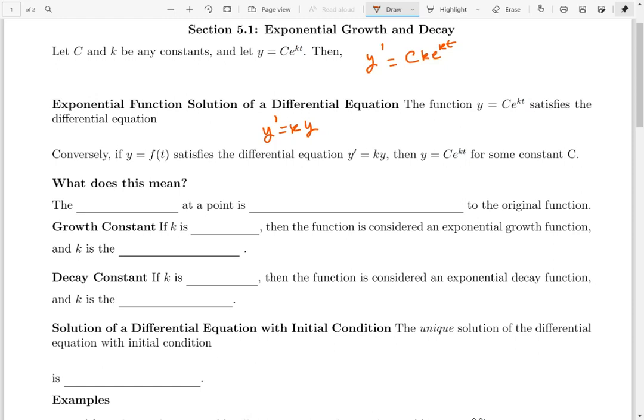Okay. Well, what that means is that the rate of change at a point is proportional at that instant to the original function.